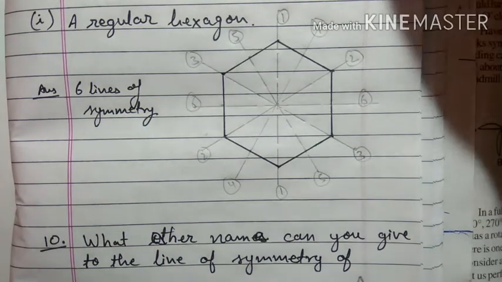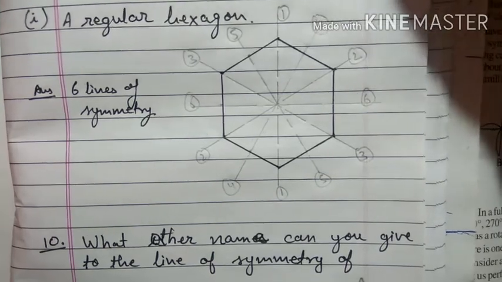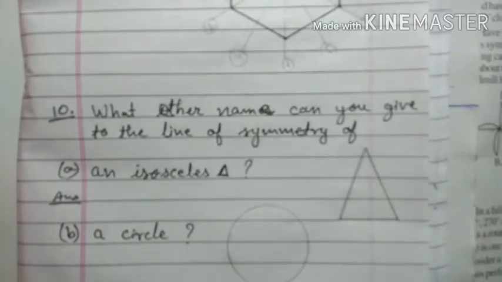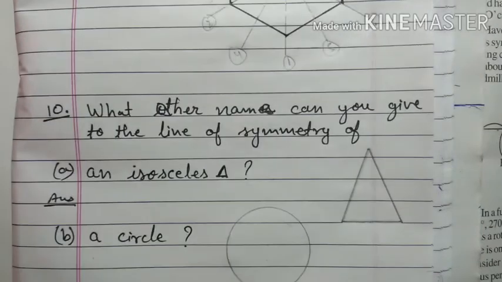So now come to the next question. Question number 10. Questions number 8 and 9 you have to do on your own. Question number 10 is this. What other name can you give to the line of symmetry of an isosceles triangle? So this is an isosceles triangle I have drawn.